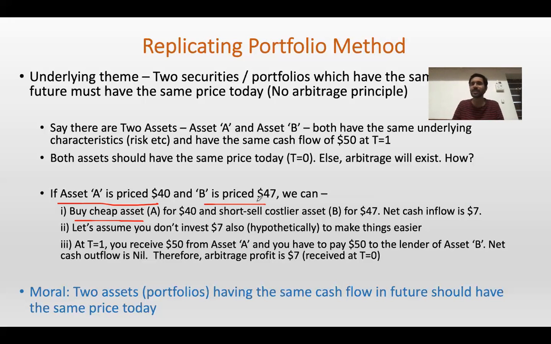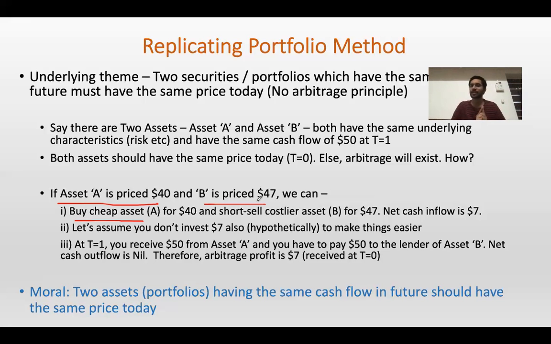When I short sell, I basically borrow asset B from someone else. So I am the borrower of the security, and there will also be somebody who's the lender of the security. I borrow the security and I sell it in the market. So I do not own the security. Obviously, to sell any asset I need to own it in the first place, whereas in short selling, I'm borrowing that asset from a third party who is the lender.